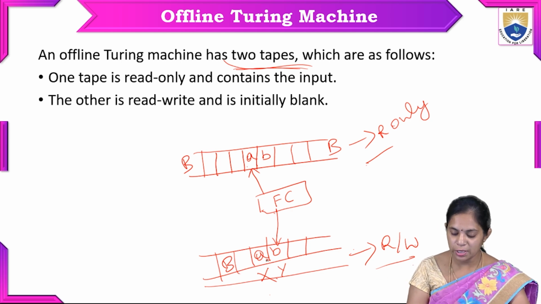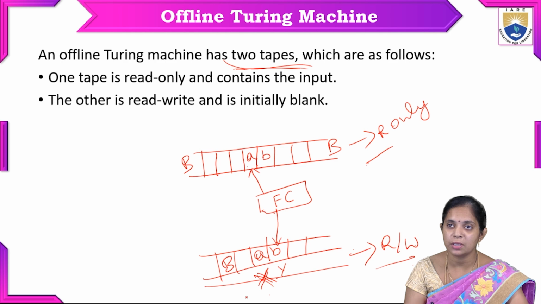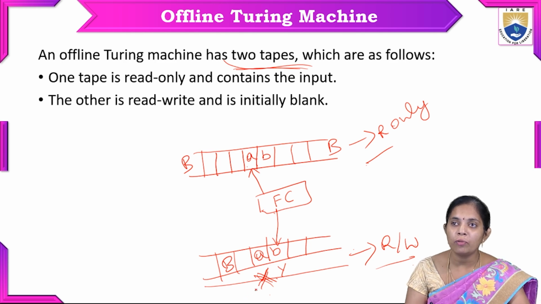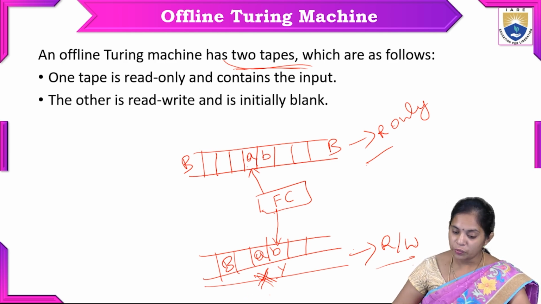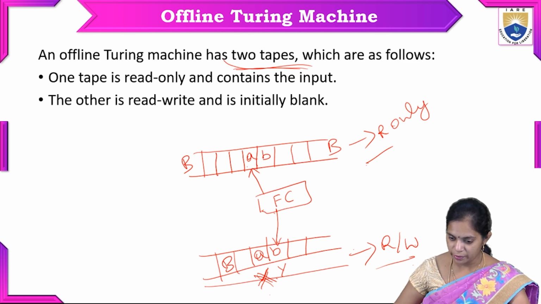Initially it is blank, and based on the transition, the finite control moves either left or right and also writes symbols. So this is about the offline Turing machine, which is equivalent to the standardized Turing machine.